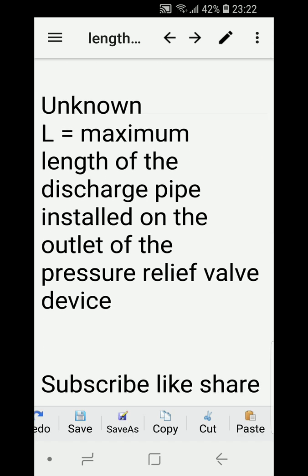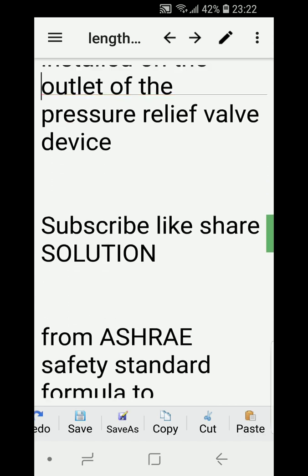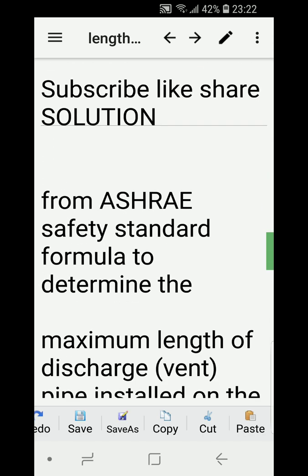And the unknown is to solve for the maximum length of the discharge pipe installed on the outlet of the pressure relief device.